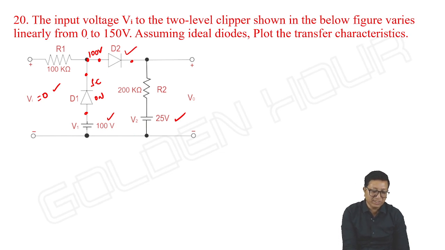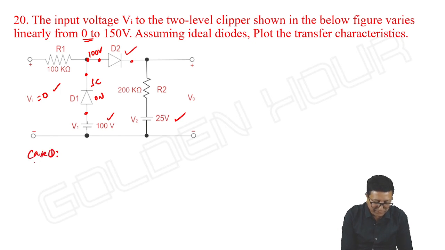Means when input is at 0 volts, both D1 and D2 are on. That's it. This is the first case we can take. Case 1, D1 and D2 are on.